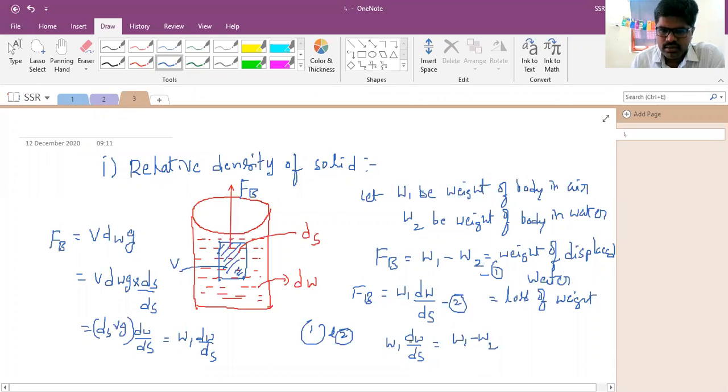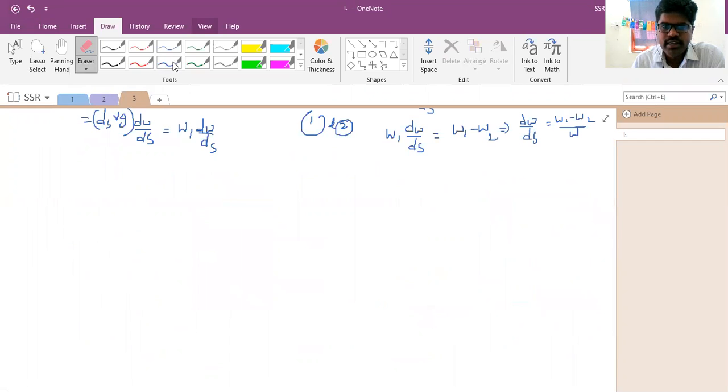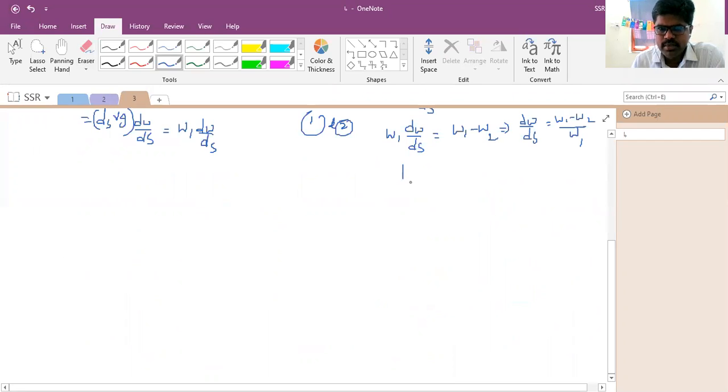Now I want ds by dW from this equation. First, dW by ds is equal to W1 minus W2 by W1. Now I can write the reverse: ds by dW is equal to W1 by W1 minus W2.